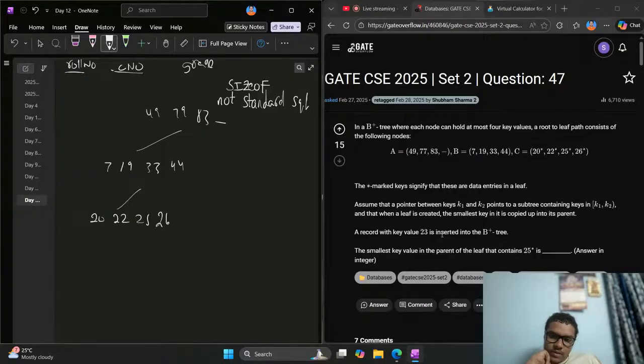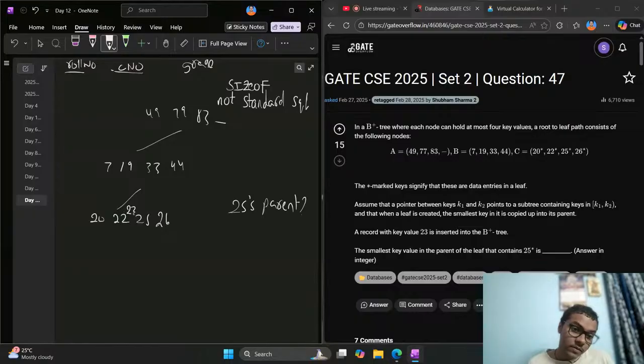A record with key value 23 is inserted in the parent of the leaf containing 25, the smallest key value in that parent.